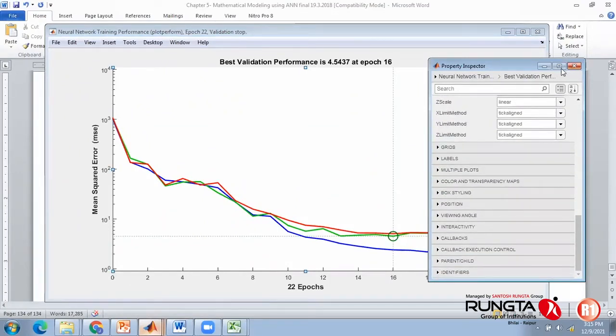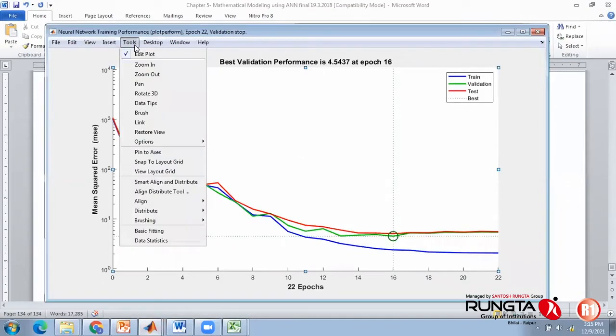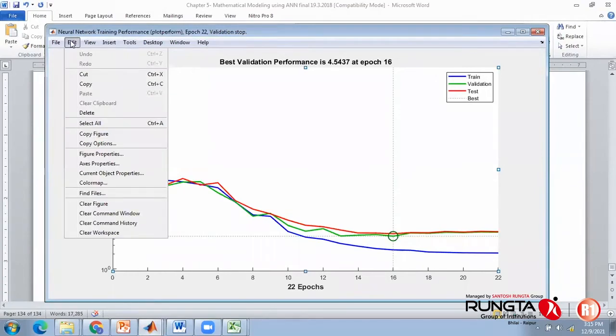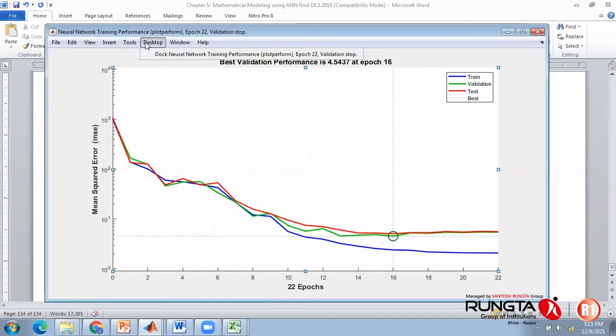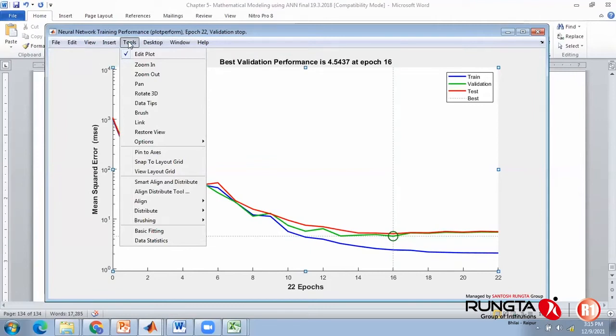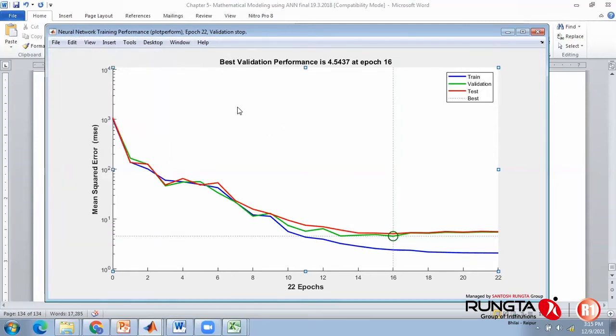Okay, so either you can go for the plot development tools, or by using this edit and figure properties, you can explore the details and you can change it. Okay, that is quite possible.